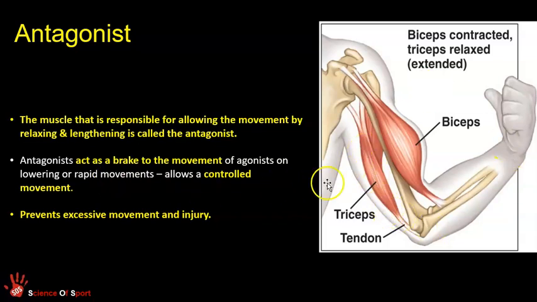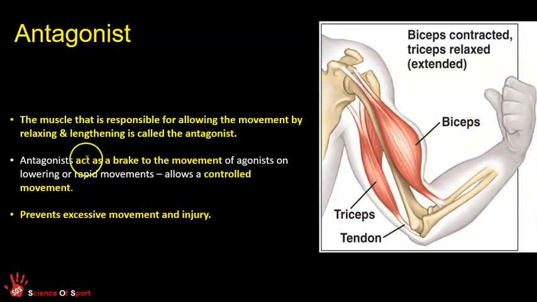And in a way, it acts as a controlling muscle. So it won't just go completely slack, it will lengthen with control. We want this bicep curl, or this flexion, to be controlled rather than a really random, unsafe movement where we might damage our muscles.